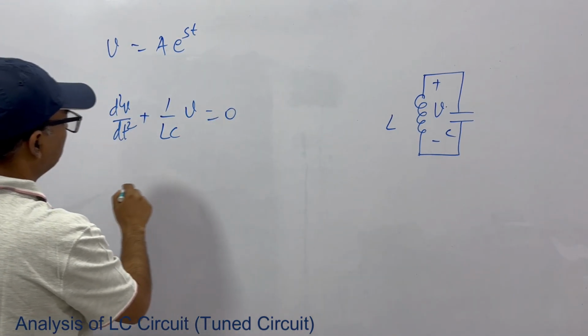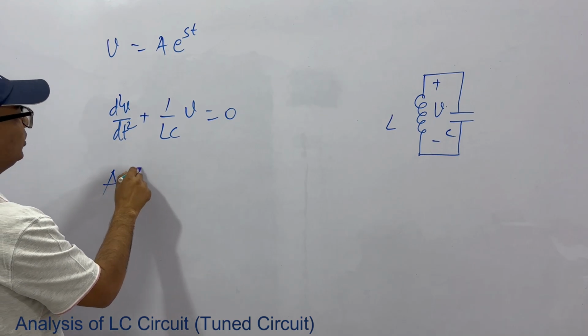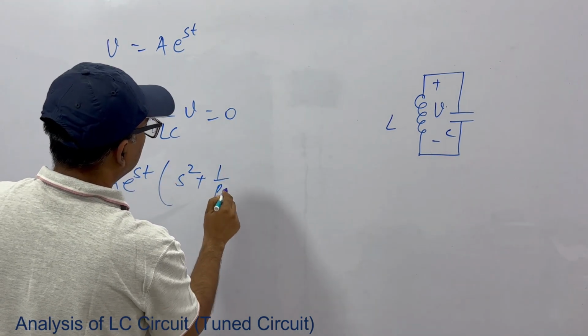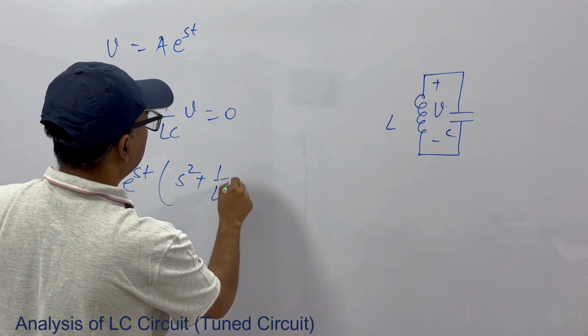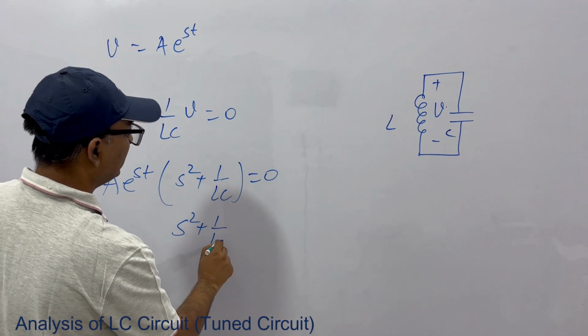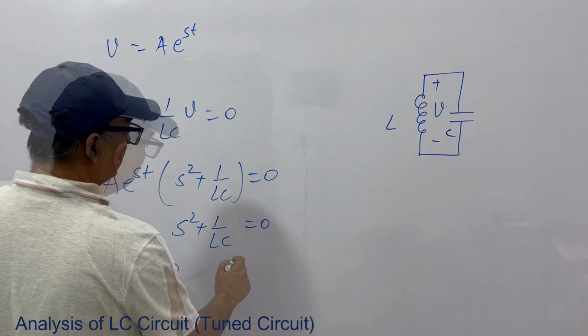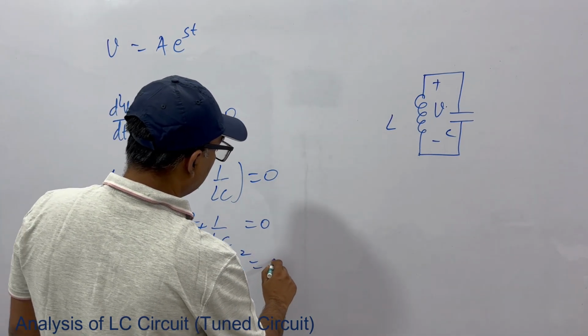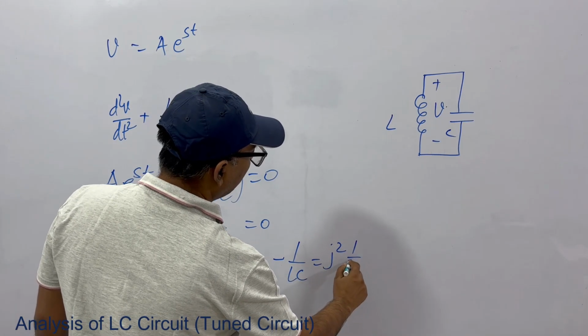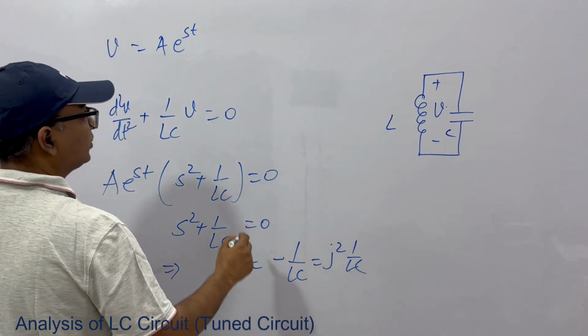So if you take the Laplace transform, you will get S square plus 1 by LC equal to 0. So the characteristic equation is S square plus 1 by LC is equal to 0. So S square equal to minus 1 by LC, or j square 1 by LC. Okay. So from here what you get?